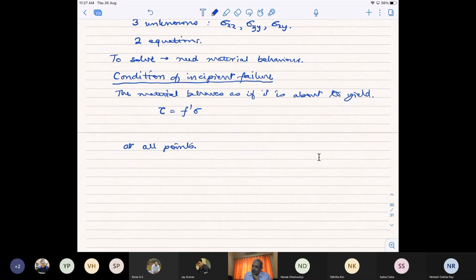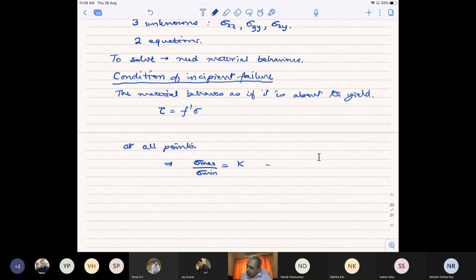What this essentially says is that sigma max divided by sigma min is equal to k.